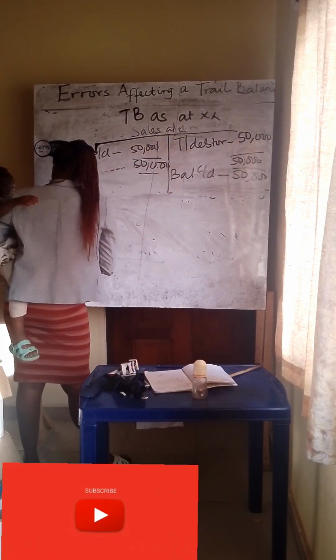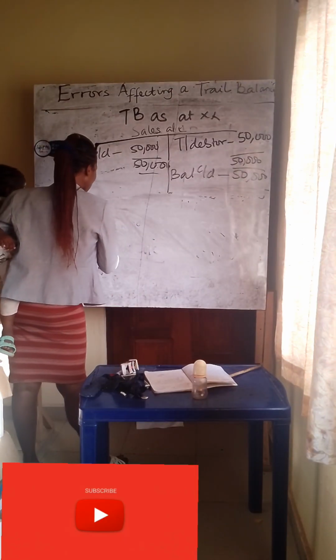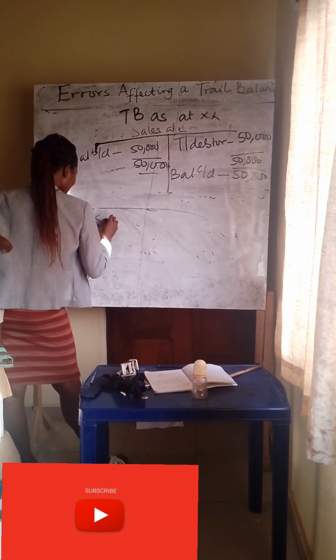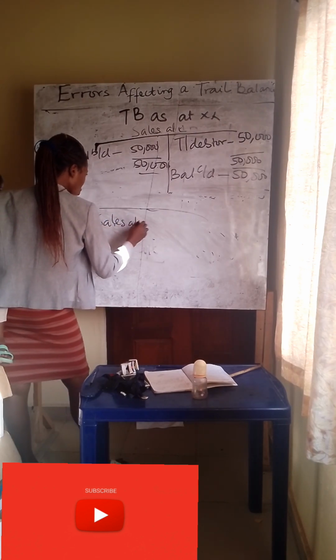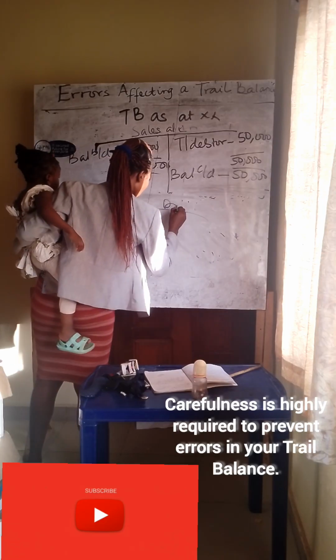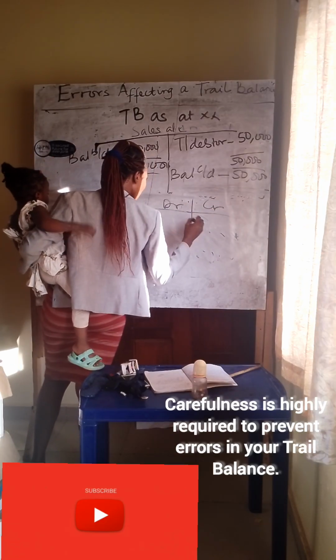Now, another error that could occur is omission. Total omission. You omit to post a transaction. But let's draw this one I talked about now in our trial balance so that we can see what it looks like.